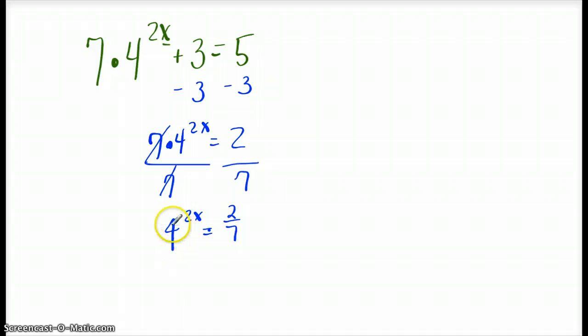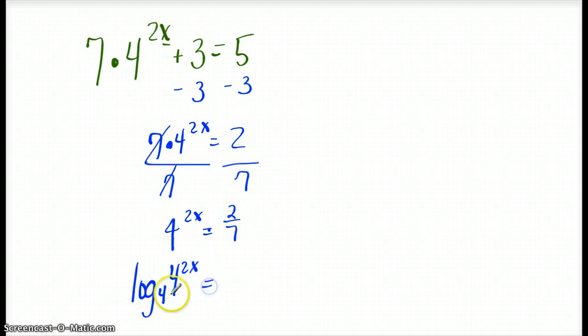Again, I can't deal with the 2 until I get rid of the 4. How do I get rid of a 4? That's a base, so this is part of the exponent. So how do I get rid of this? I do log base of that number that matches there. Then I write that side because what I want those to do is cancel out. But if I put log base 4 on the left, I have to put log base 4 on the right, and then write 2 sevenths.